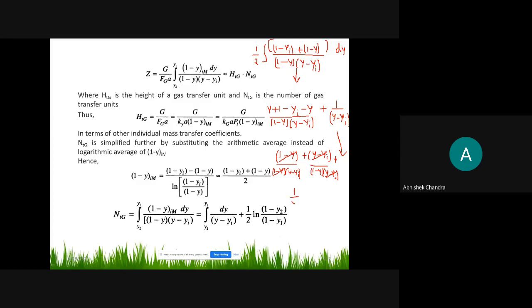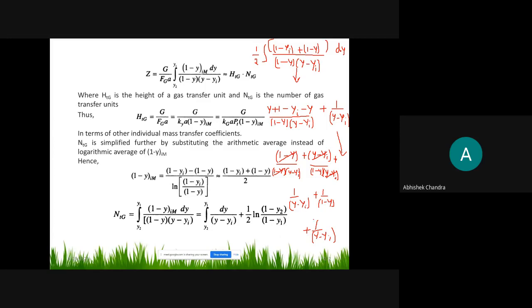So what will we get? In this case we are getting 1 upon 1 minus yi, and plus 1 upon 1 minus y, and this term we will also get, 1 upon y minus yi. So there are two terms of 1 upon y minus yi.